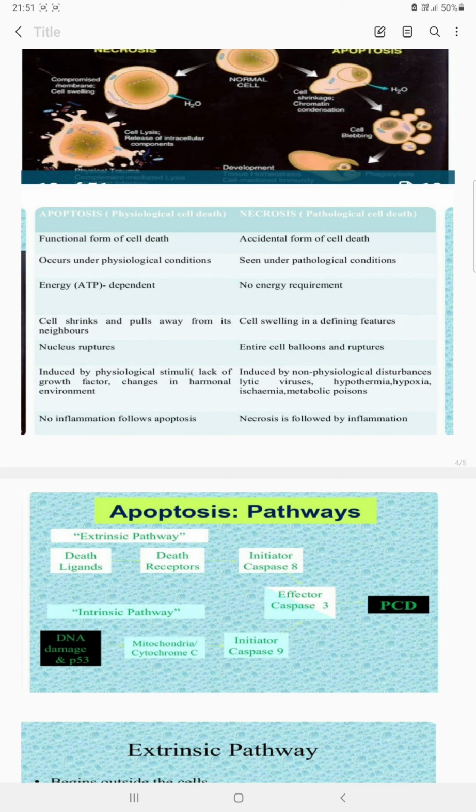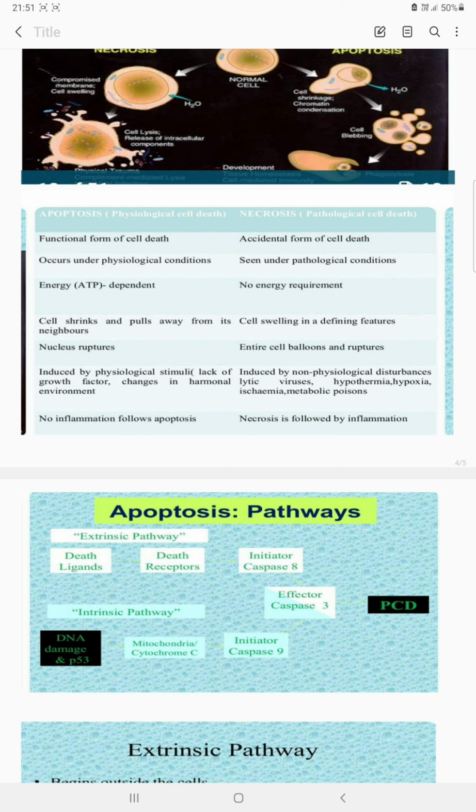I hope you understand this easily. The first one I'm talking about is apoptosis: it is the functional form of death. Necrosis, as I told you, is the accidental form of death. Another difference is that apoptosis occurs under physiological conditions, while cell death under pathological conditions occurs mainly in necrosis.